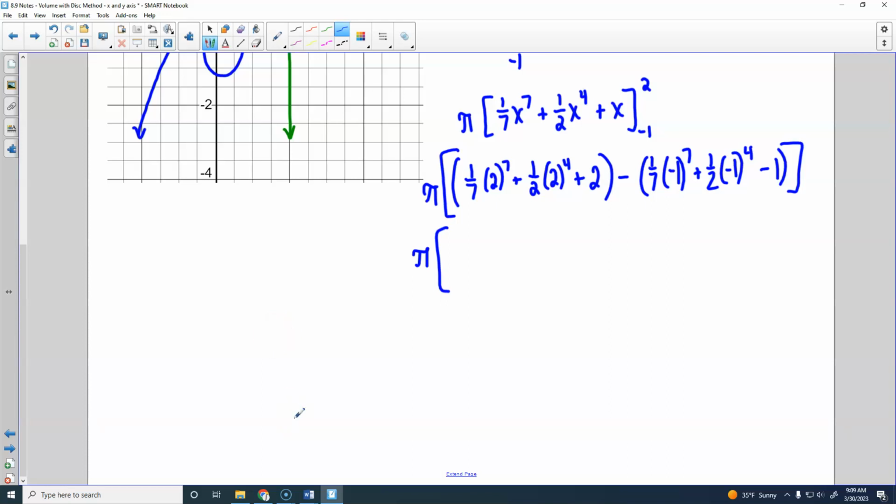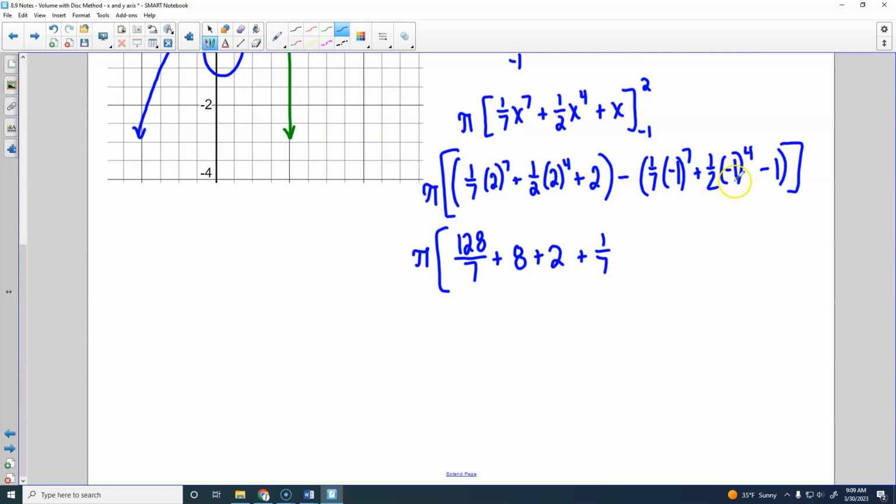Let me double check this. 128, 2 to the 7th. 128, yeah. So you got 128 over 7 plus 2 to the 4th is 16 divided by 2 will give you 8, plus 2. Then this is going to be a -1/7, but when you distribute that negative, you'll get a +1/7.